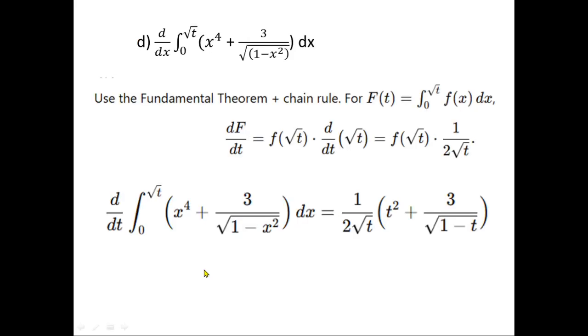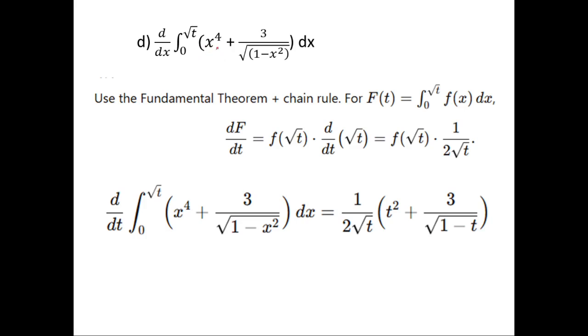Now let us see another problem, that is the differentiation of the integral from 0 to root 2 of (x power 4 plus 3) by square root of (1 minus x square) dx. Here root t has to be substituted in place of the x.